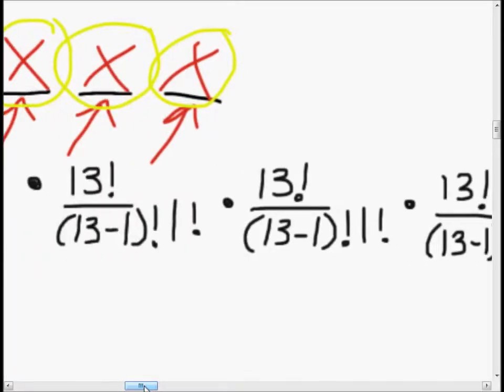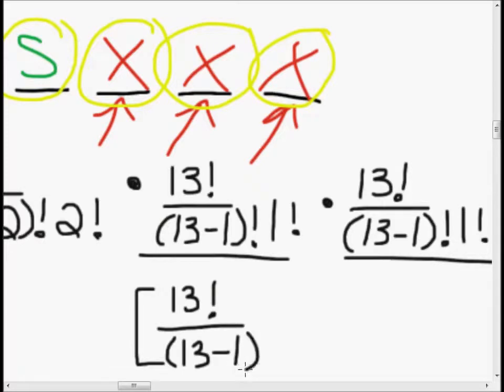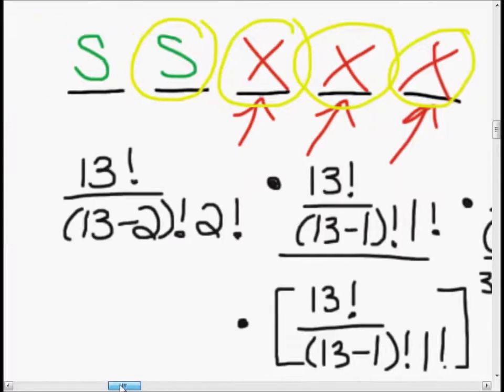So what happens when you multiply the same thing by itself 3 times? Well, I like to put brackets, that way nobody ever gets confused. 13 over 13 minus 1 factorial, 1 factorial, to the third. So if I had 2 times 2 times 2, that's the same as 2 to the third. And this is just handy to fit it all on the screen.